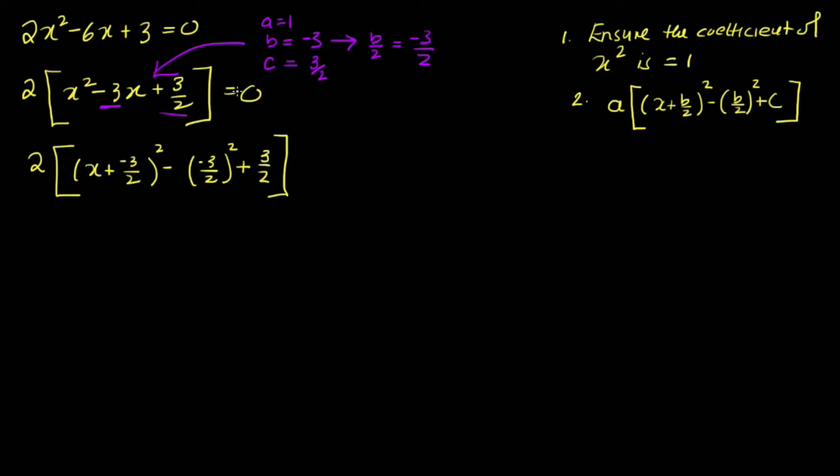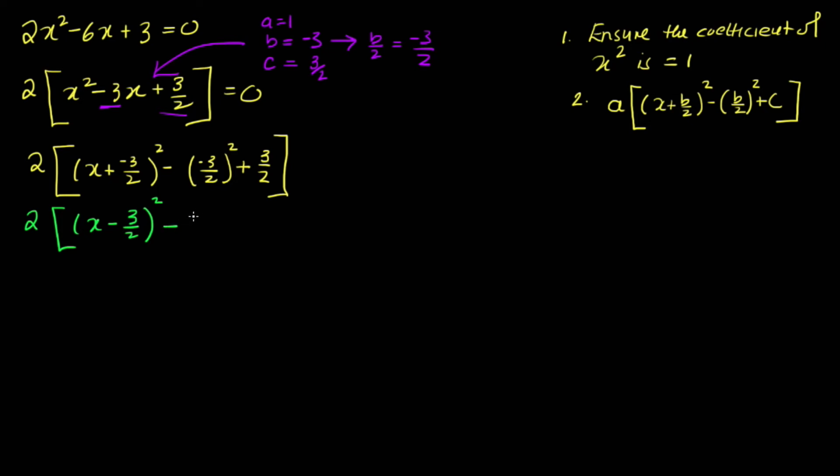Next phase is we need to simplify what is inside our big bracket. So we have x minus 3 over 2, because plus minus 3 over 2 is the same as minus 3 over 2. Then we can work out this bracket, because it is being squared.